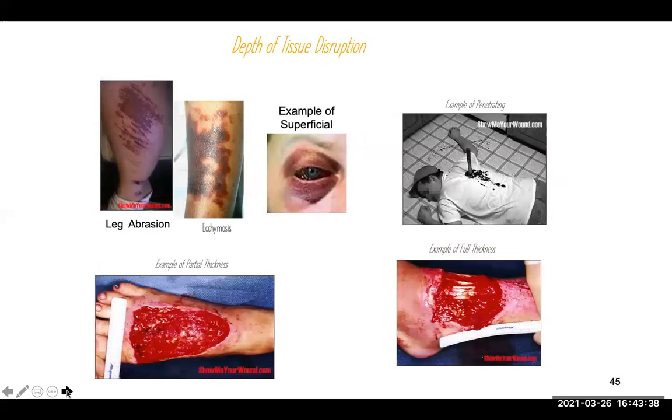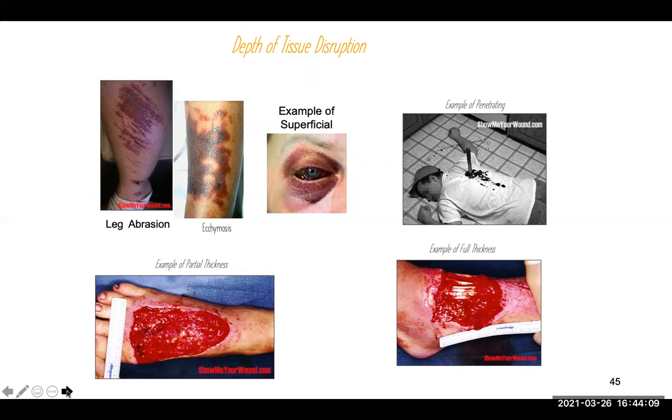These are just examples: an abrasion, a contusion, a penetrating wound, and then partial thickness versus full thickness. The partial thickness wound involves the dermis layer, and the full thickness wound is going to involve the subcutaneous or lower layers.